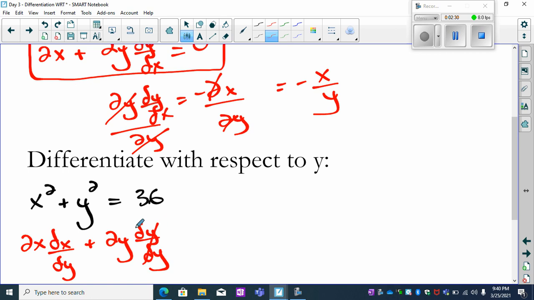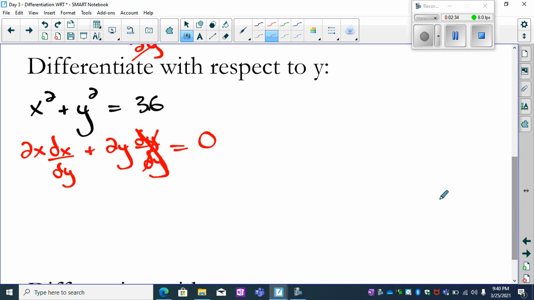Now in this case, this differential doesn't show up. This would still be 0, and I would be left with 2x times dx over dy plus 2y equals 0. So instead of solving for dy over dx, in this one I'd solve for dx over dy. I'm not going to do that because it didn't ask me to.